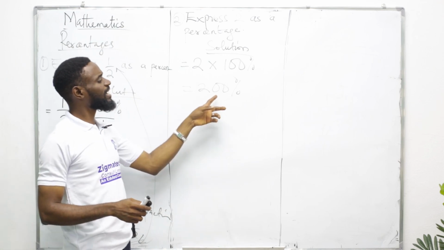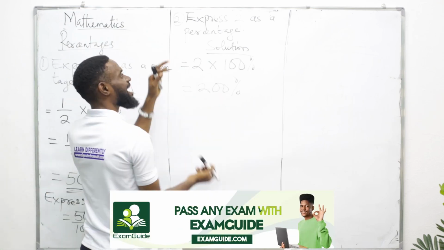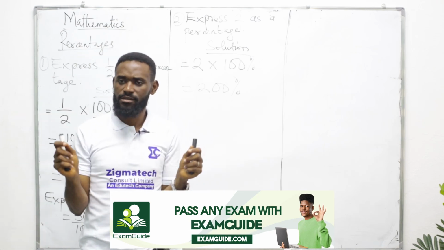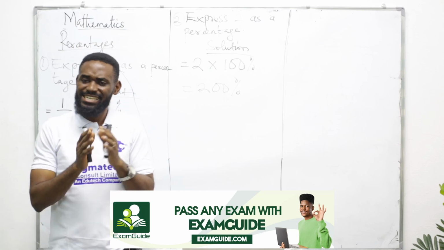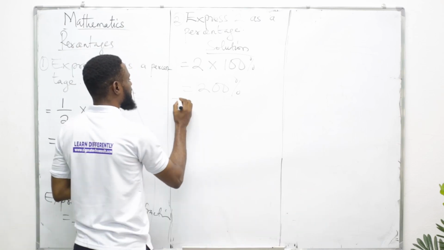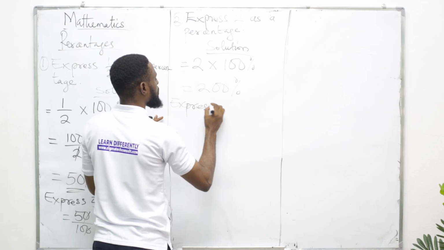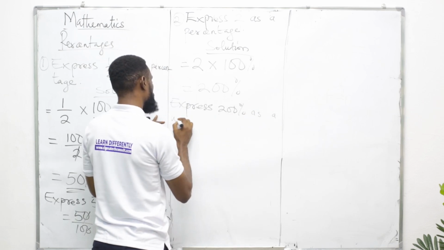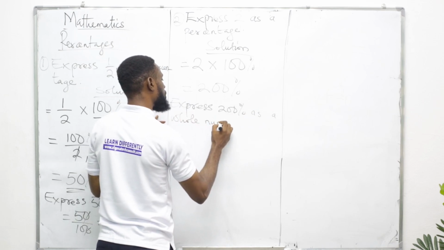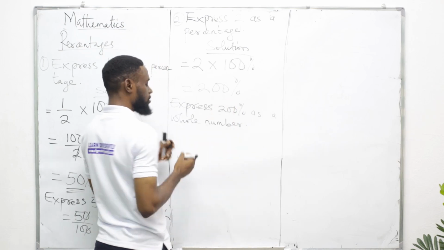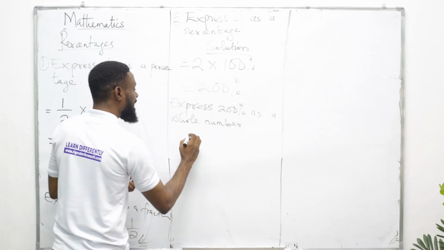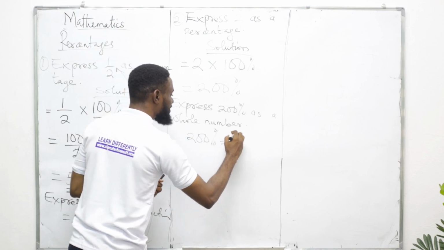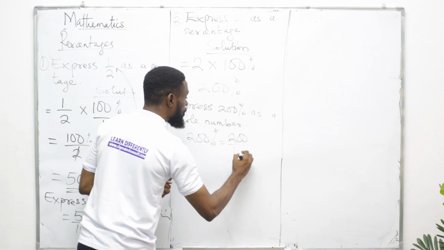Let's express 200% as a whole number. To do that, it means anything that has percent on it means that thing over what? 100.